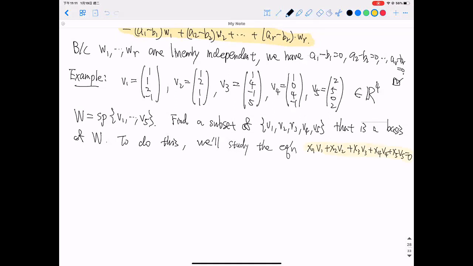Okay, how do we do this? We've seen by now a lot of equations like these. This is a way of writing a system of linear equations.